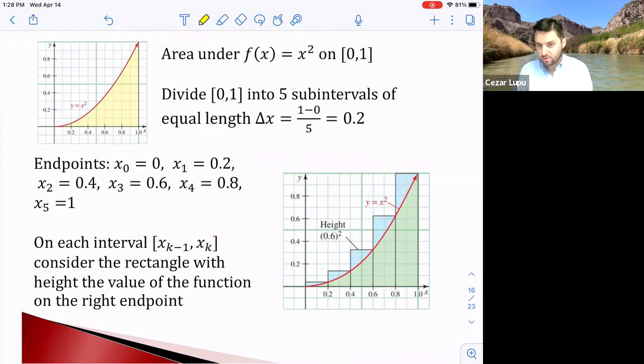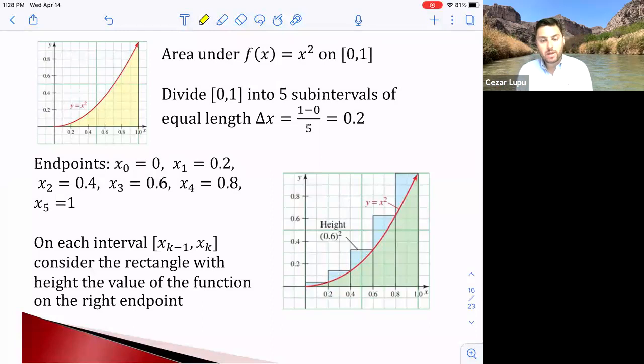I want you to pay attention. From 0 to 0.2, then from 0.2 to 0.4, then from 0.4 to 0.6, then from 0.6 to 0.8, and the fifth interval will be from 0.8 to 1.